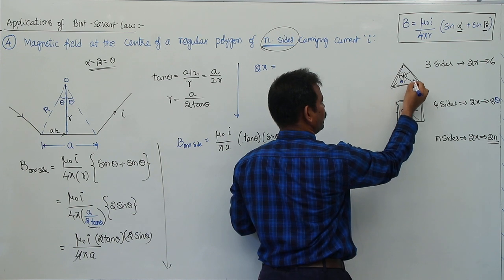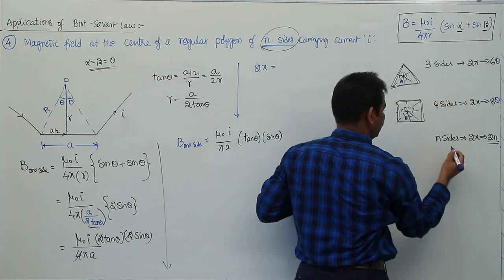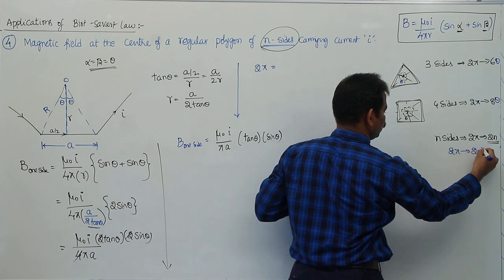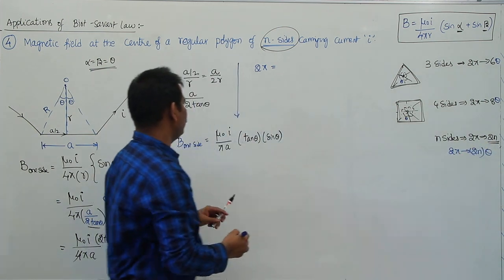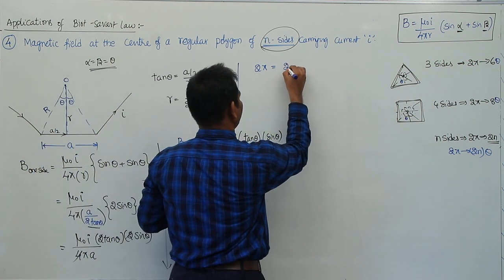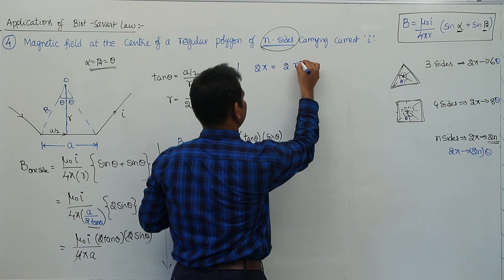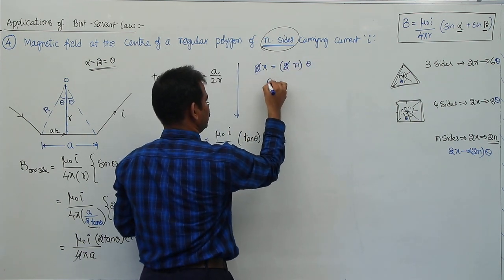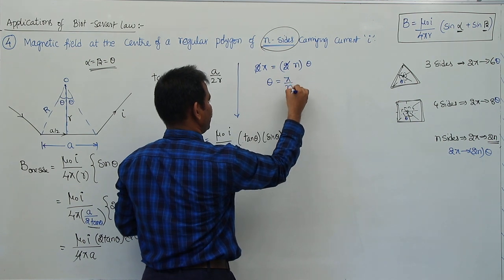If it is theta 1, 2, 3, 4, this will become 6 theta. In general, 2 pi will be divided into 2n times theta. So 2 pi angle described by the center is equal to 2 into n into theta. Now you can cancel 2 and 2, so theta can be written as pi by n.